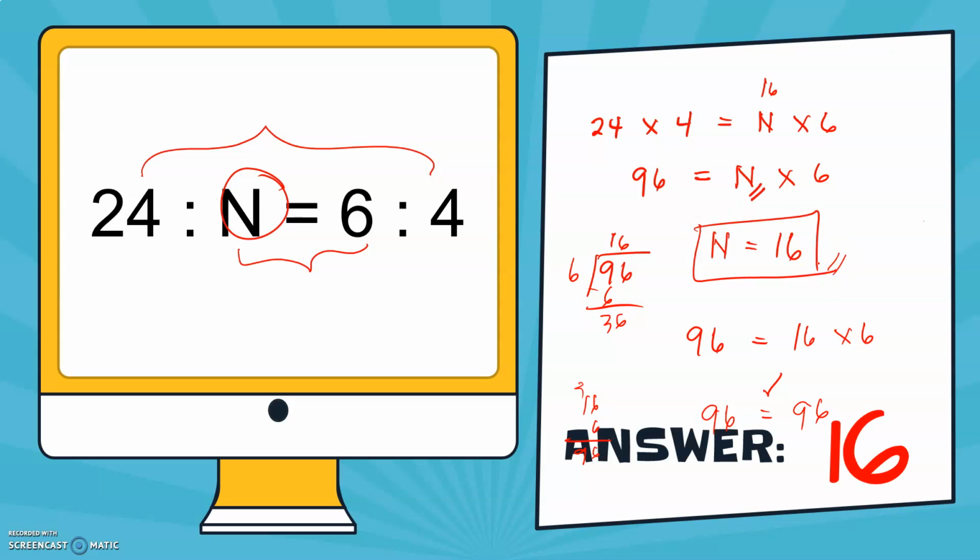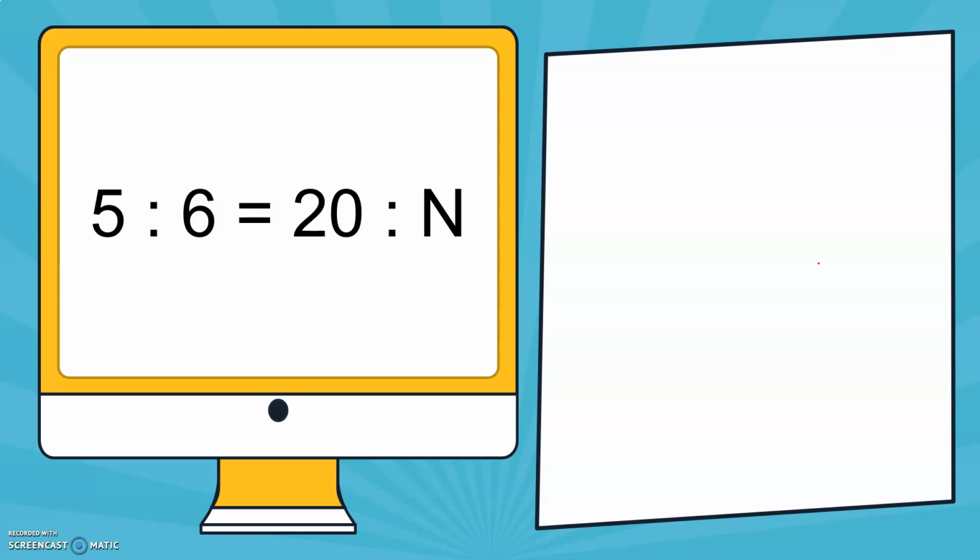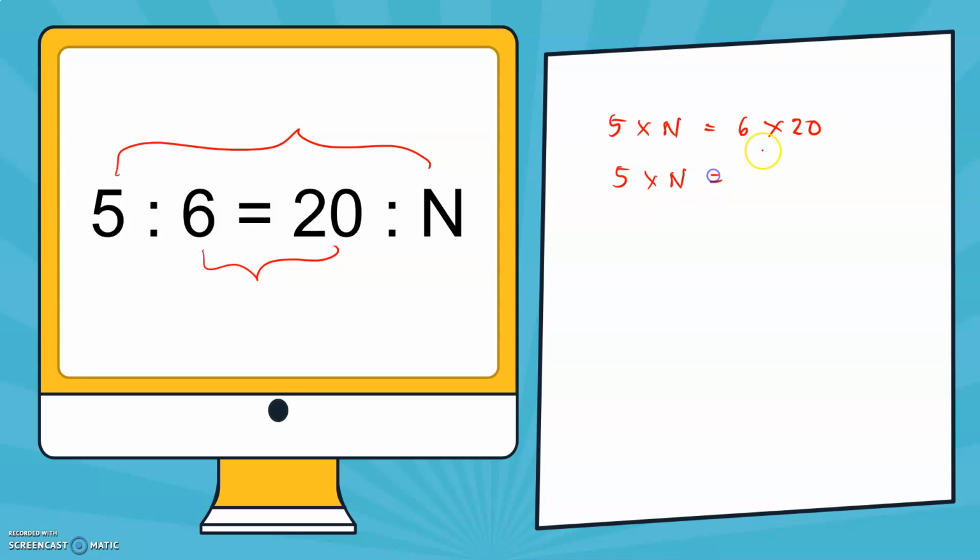Let's try another example. So we have here 5 times n should be equal to 6 times 20. We cannot multiply 5 and n, so we'll just copy it. 6 times 20 will give us 120.